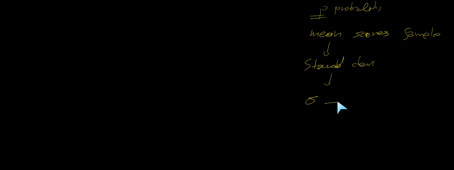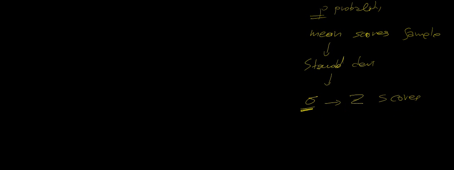And then from this, find how many standard deviations our mean scores is showing that deviation, and from that standard deviation we have to find the Z scores.